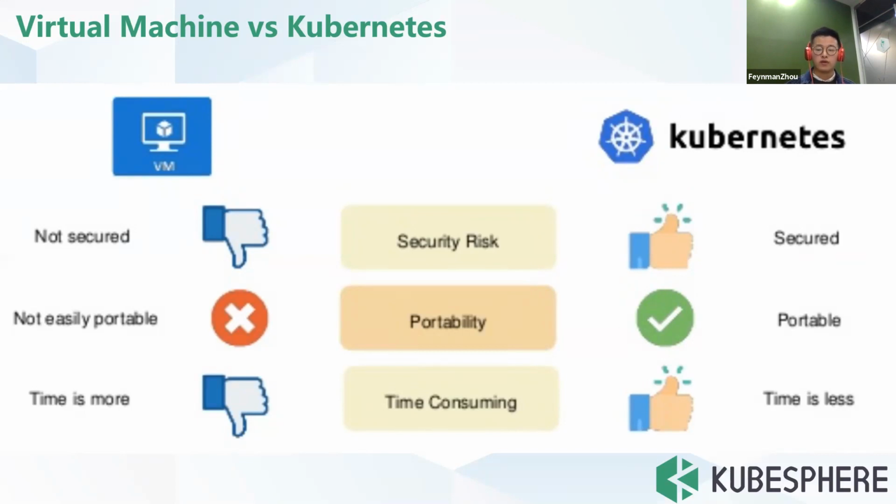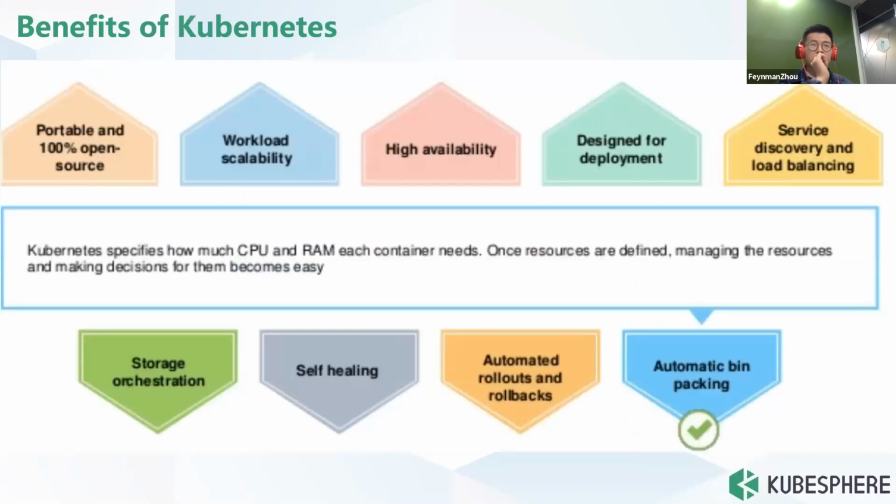You may find the advantages of Kubernetes as on the right. When it comes to the benefits of Kubernetes, you may find that Kubernetes looks so cool, and there are countless benefits. For example, it is portable and fully open source. It has an extremely active open source community, which supports questions and upgrades.